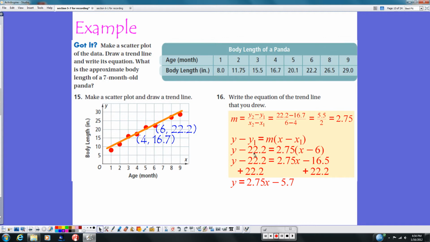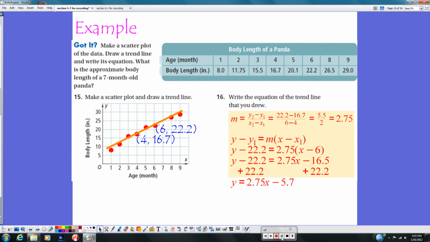So y minus 22.2 equals 2.75 times the quantity x minus 6. Distribute your 2.75, add 22.2 to both sides to get this to slope-intercept form, where we have y equals 2.75x minus 5.7.